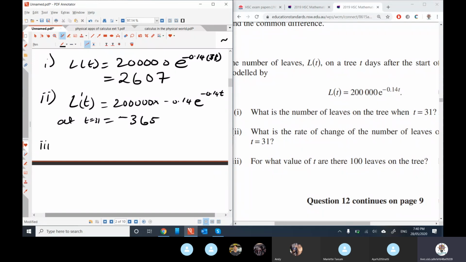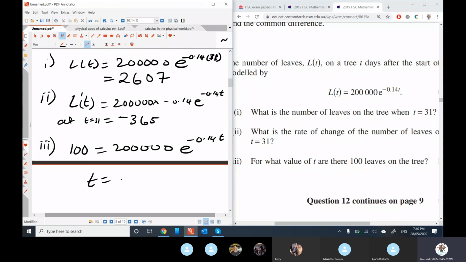Triple i, have you got up to triple i yet? Yeah. For what value of t are there 100 leaves? So then that's 100 leaves equals 200,000 e to the negative 0.14 t. Divide by 200,000. And then what do you do after that, Andy? You log it. Then you divide by negative 0.14.